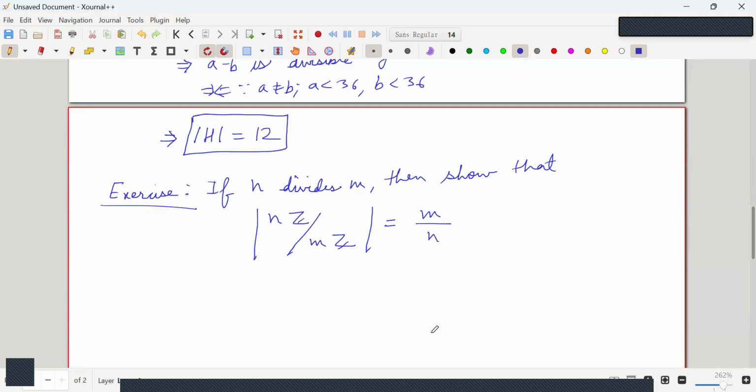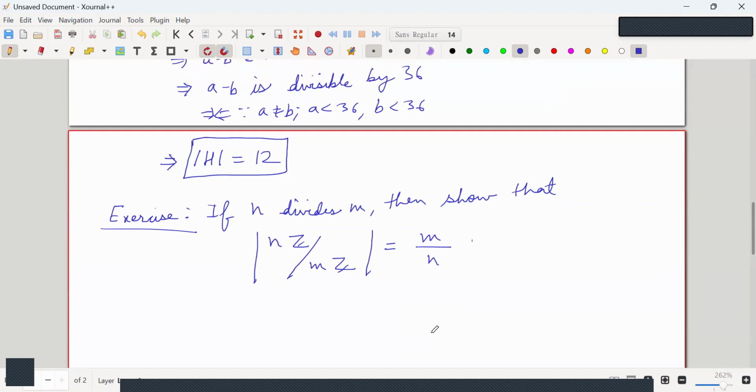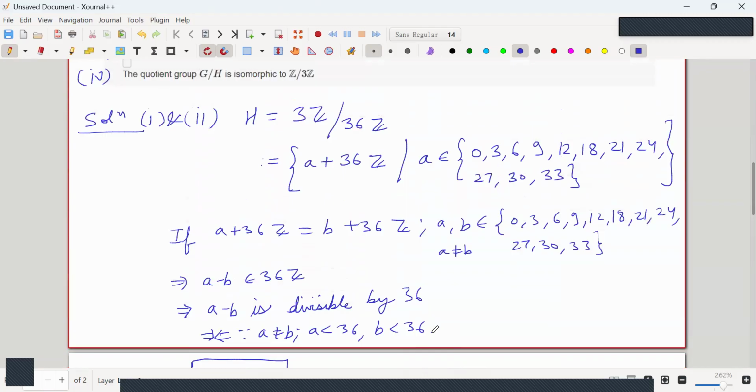So 3 and 36 are not special cases. With this you can extend to anything such that this n divides 36.